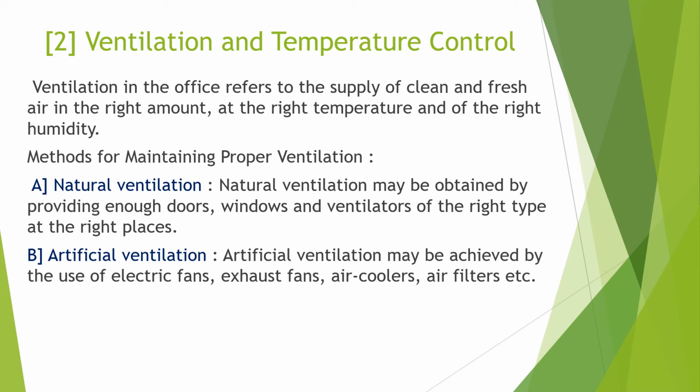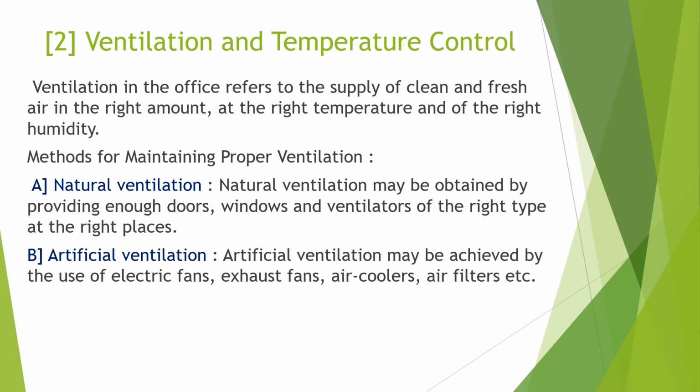Second point is ventilation and temperature control. Ventilation in the office refers to the supply of clean and fresh air in the right amount, at the right temperature, and of the right humidity. Methods of maintaining proper ventilation.